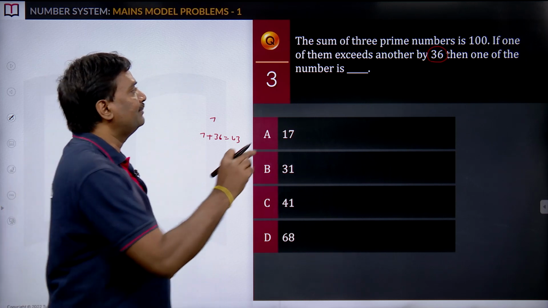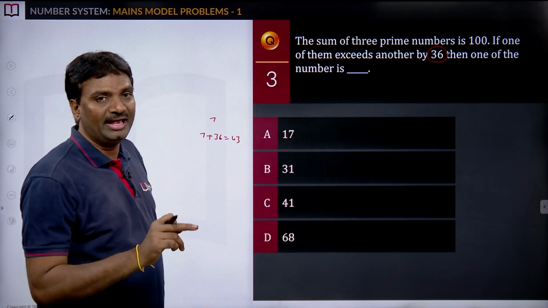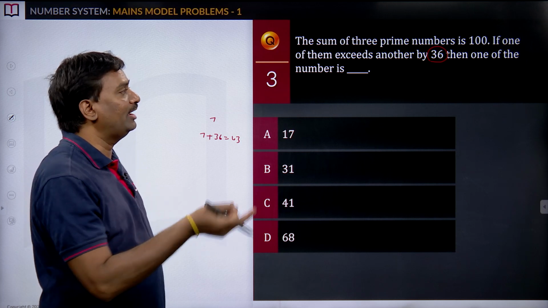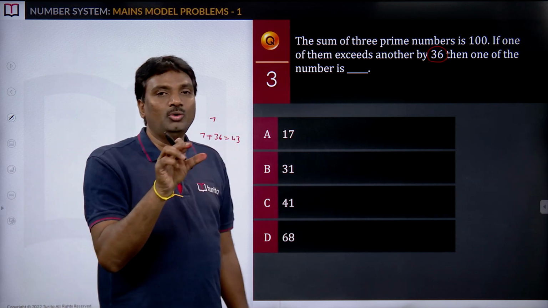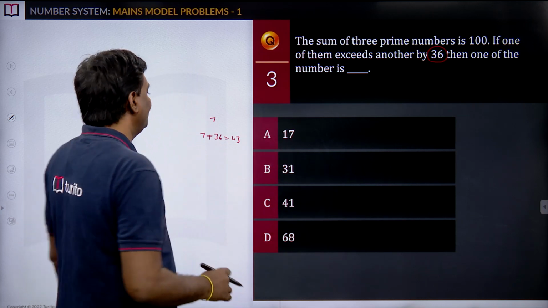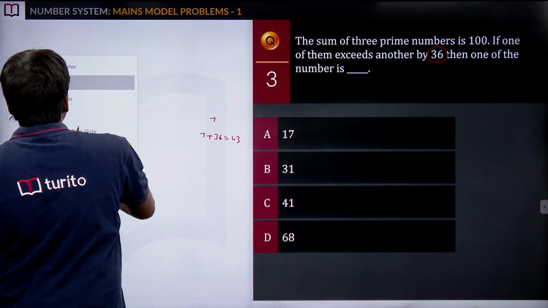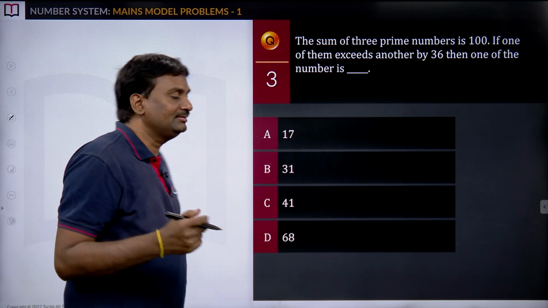By taking the sum of x, x plus 36 and y, we are getting 100. Just find out which of the options fits.